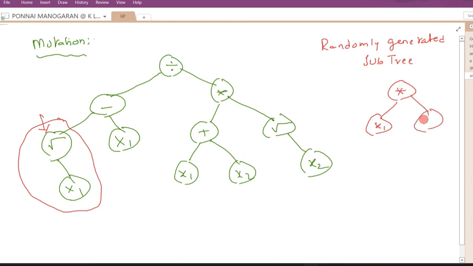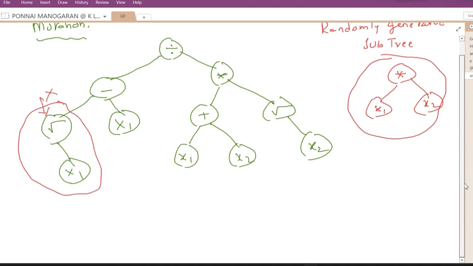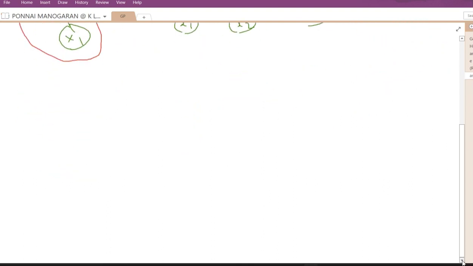x1, x2. So what I will do means, the generated subtree of depth 1, you can substitute here. So that means you can remove this part, and you substitute here.